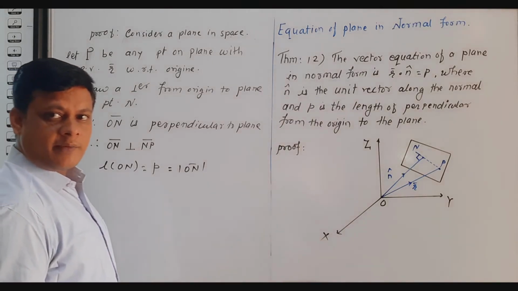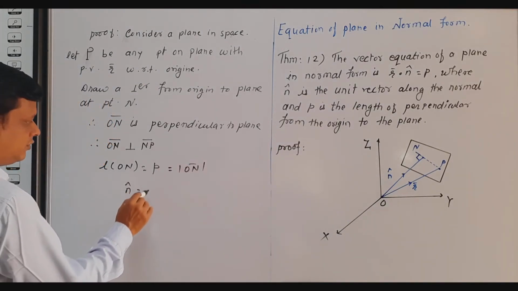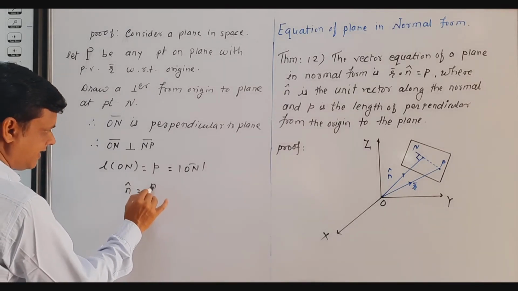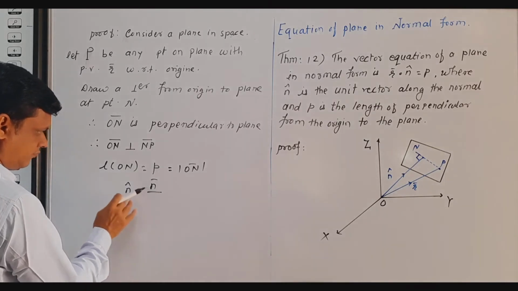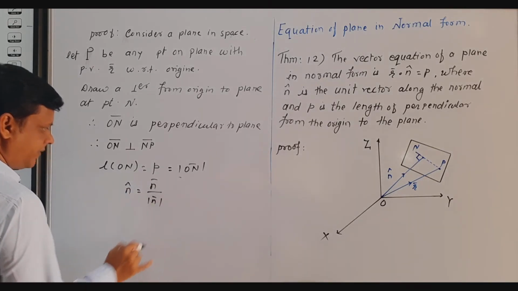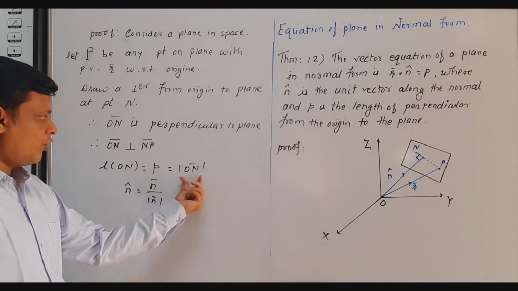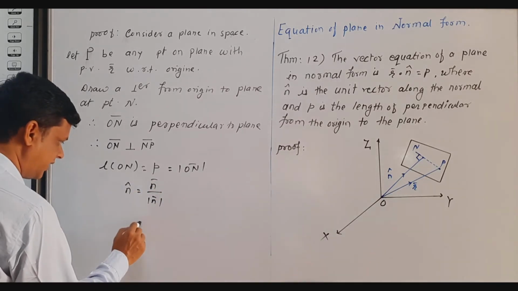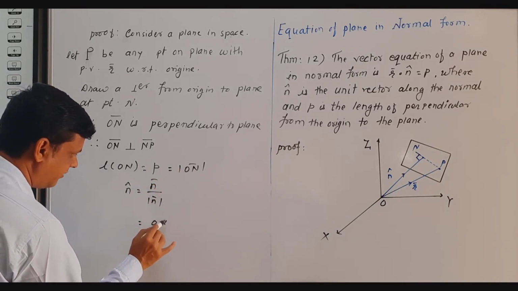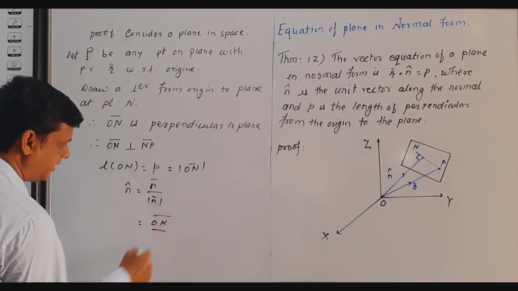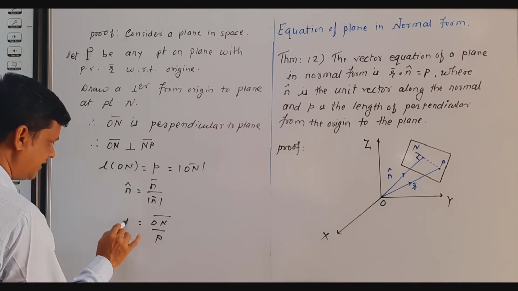By using the definition of unit vector, we write n cap is equal to n bar upon magnitude of n bar. Now instead of n bar, we have the value ON bar, so we write ON bar upon magnitude, which is the length small p, and this n cap.